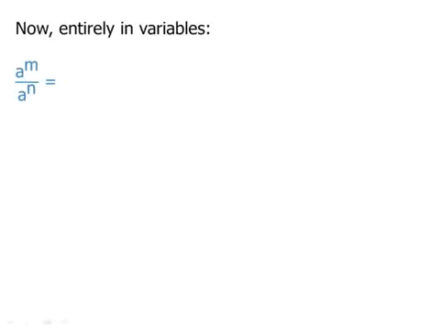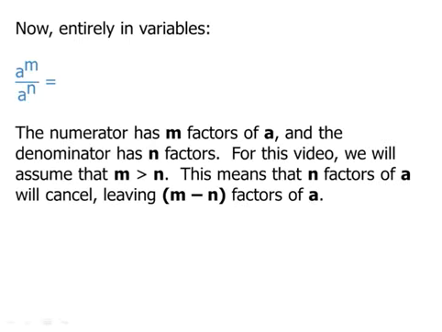Now we can do that entirely in variables. Think through it in variables. We have a to the m divided by a to the n. So this is a fraction. In the numerator, we have m factors of a. In the denominator, we have n factors. For this video, again, we're going to assume that m is greater than n. So all those factors in the denominator will cancel when we take the m factors in the numerator and remove the n factors that cancel.